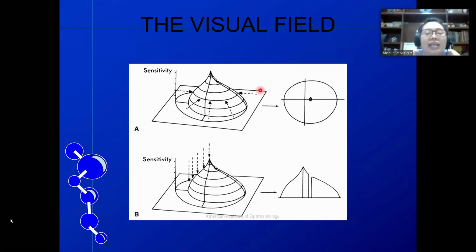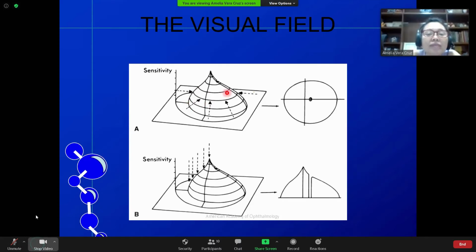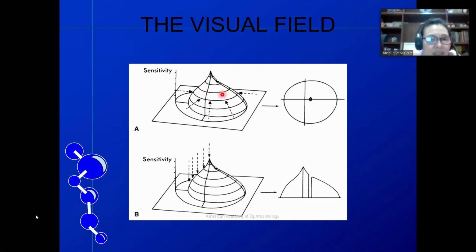This one is your macula. Okay? Towards the periphery, the vision diminishes. Remember, your macular area is very active on a lighted environment.